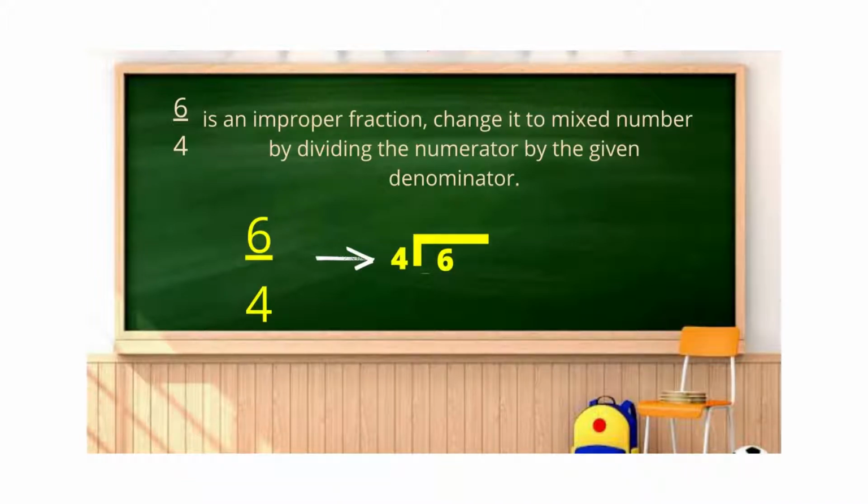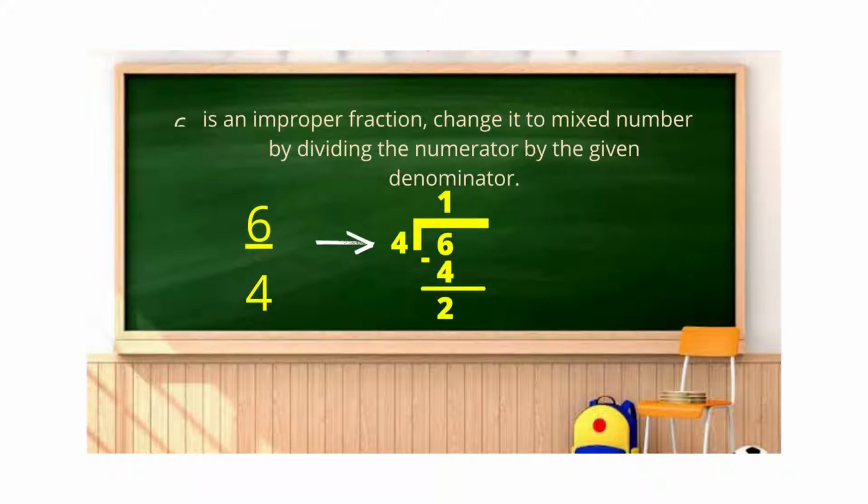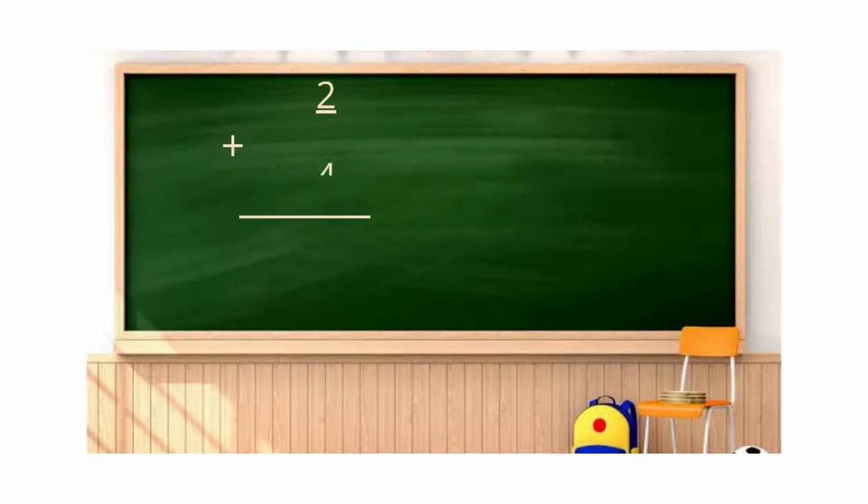How many 4 can we get from 6? Correct, 1. Then multiply 1 by 4, you'll have 4. And subtract it from 6, you'll get 2. So what is now 6/4 changed into a mixed number? Correct, 1 and 2/4. Then add 1 and 2/4 to the whole number, which is 14.